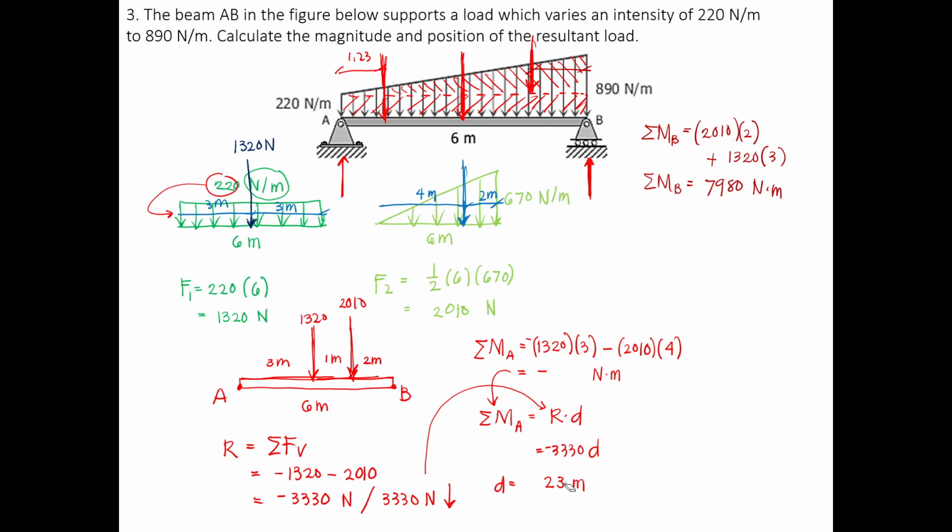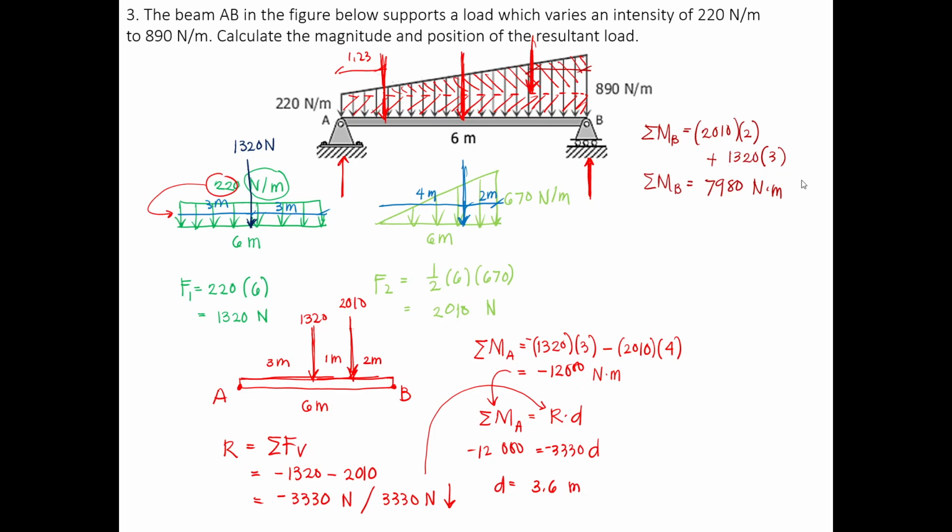So this is 12,000, negative 12,000, divided by 3330. So that is 3.6. So this one seems to make sense now, right?